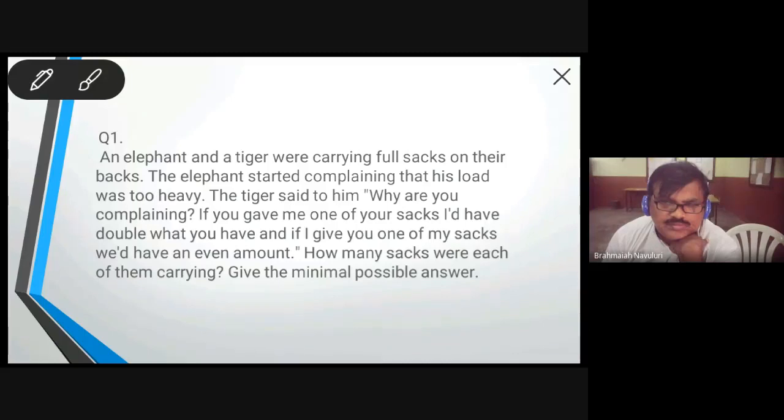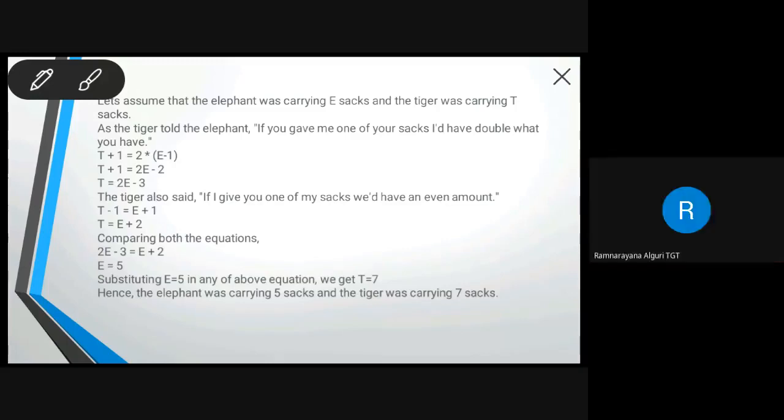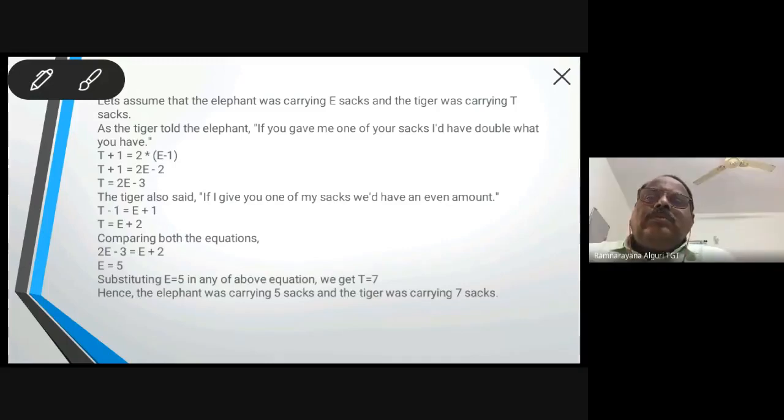So here, by using the conditions that the tiger and the elephant are sharing, we can solve the problem. I am assuming the number of sacks carried by the elephant be e and the number of sacks carried by the tiger be t. With the first condition, the tiger has said to the elephant, if you give me one of your sacks, I would have doubled what you have.